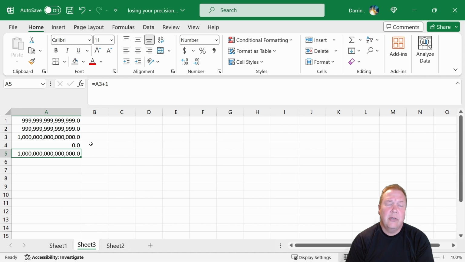So when you hit 15 digits of accuracy, you start to lose stuff. This is whether you're working big or small. It doesn't matter if we have all 15 digits to the left of the decimal or all 15 digits to the right of the decimal. You're going to lose precision, and it may or may not matter depending on what you're doing.